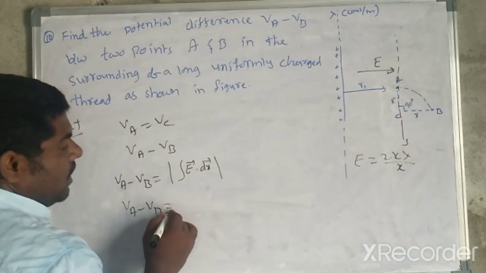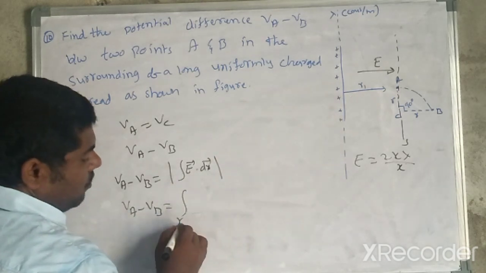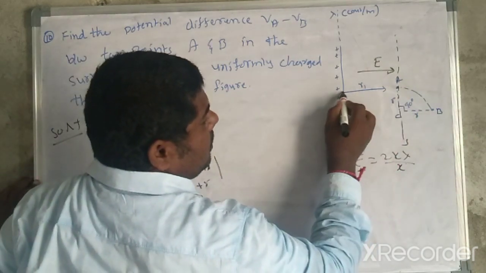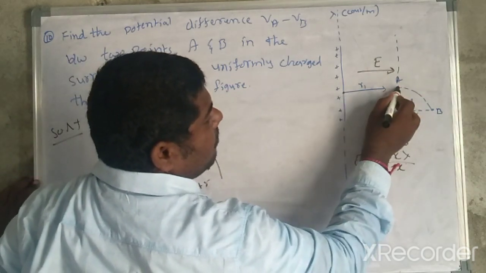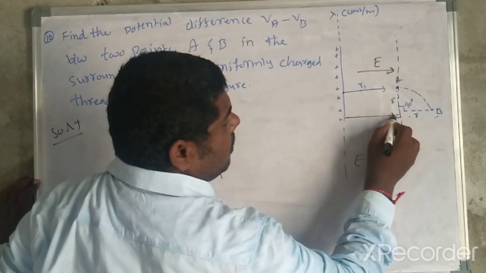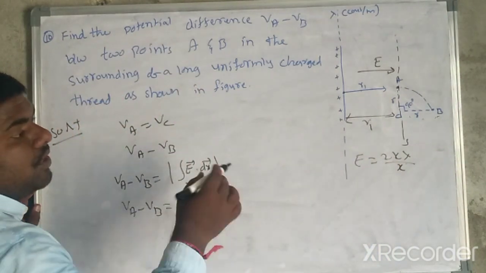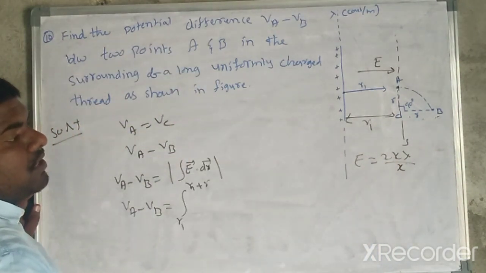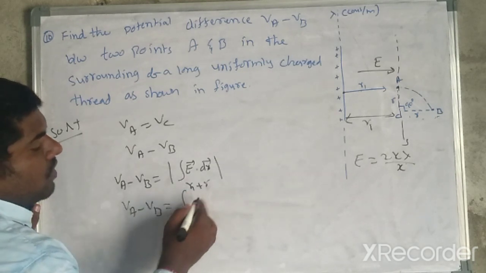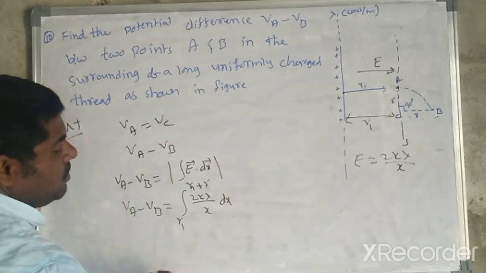So substitute here the integral from r1 to r1 plus r. The point A is at distance r1, and from here to here is r. So the thread to point B distance is r1 plus r. So integral from r1 to r1 plus r of 2k lambda divided by x into dx.